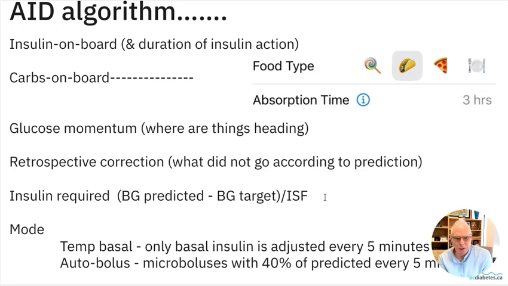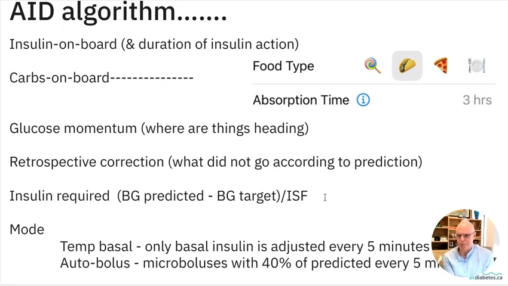The final piece to consider is that Loop works in two modes. A temp basal mode where only the basal insulin is adjusted every 5 minutes to bring the sugar to target, and a second, more advanced microbolus or supramicrobolus system that is termed autobolus.